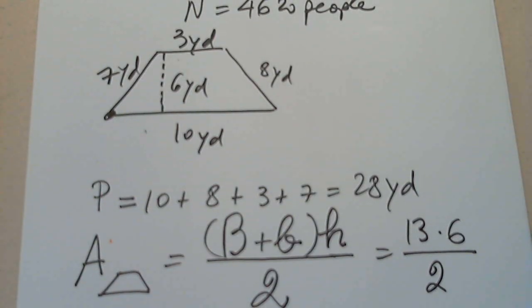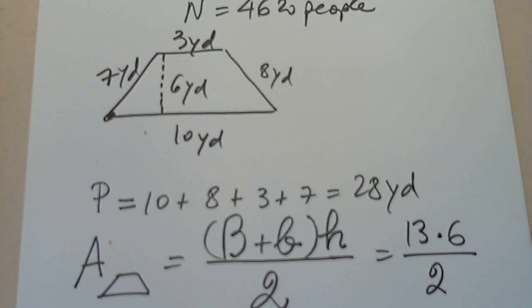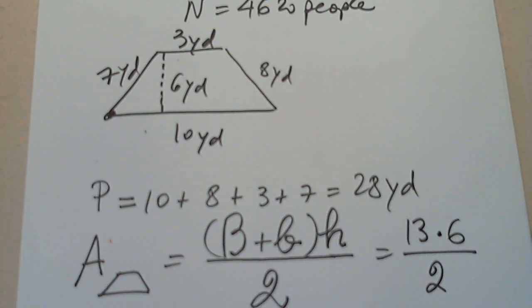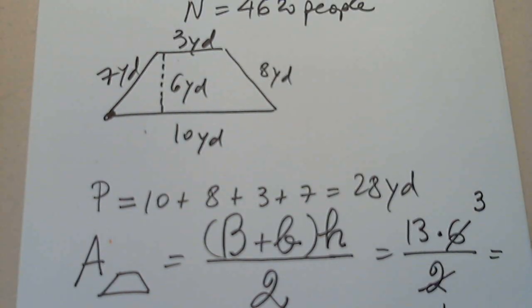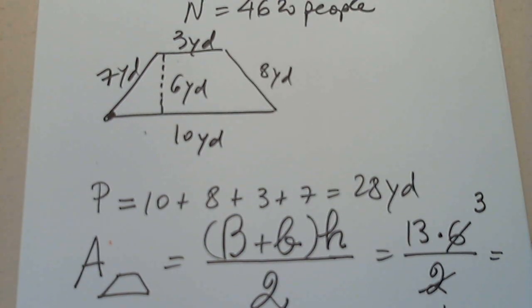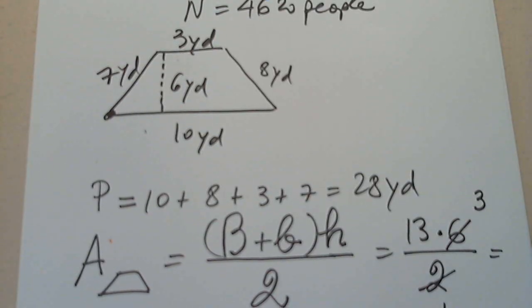Do not multiply, simplify, because these are all factors. They are connected by multiplication. I can simplify them. 2 divided by 2, 6 divided by 2. So now the answer is 39. But remember, we are talking about area, not length. What is the measurement unit for the area? Yard squared, or squared yards. Good.